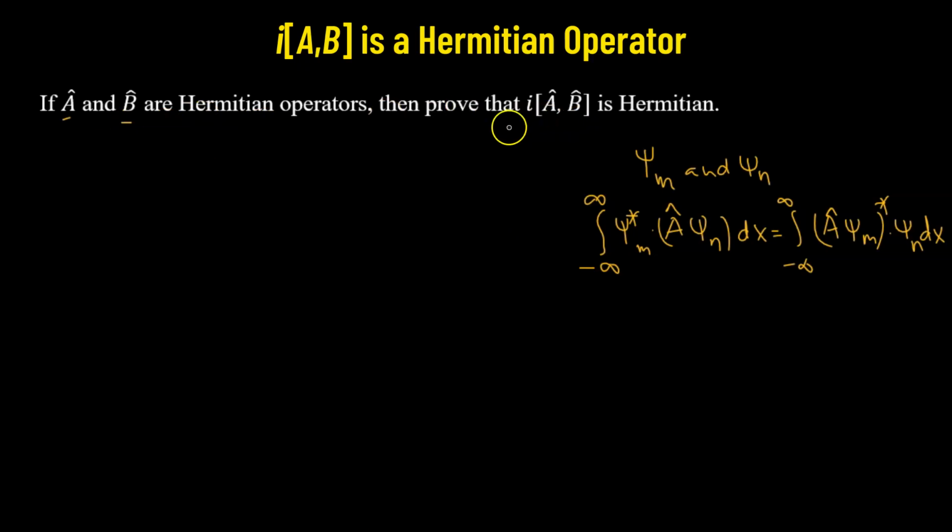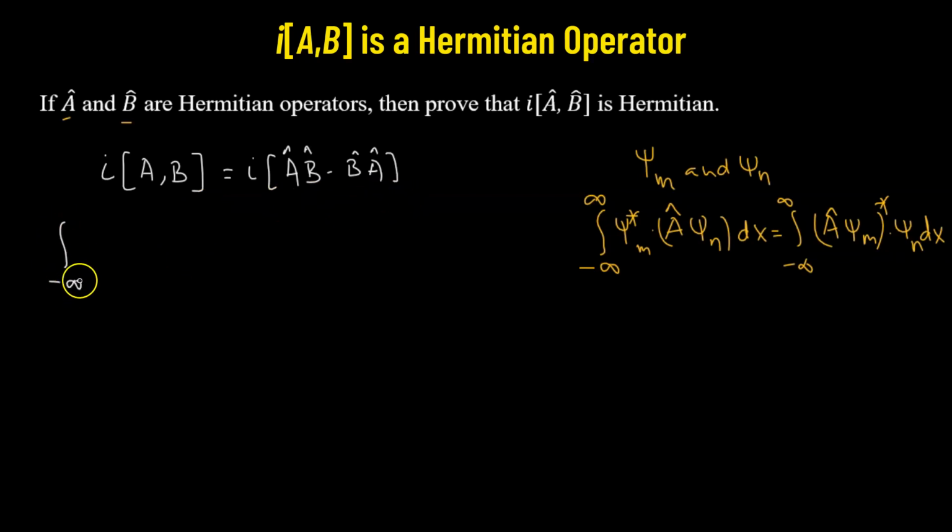Now we have here i times the commutator operator [A, B], which is simply AB minus BA. What we have to do is show that this particular operator is Hermitian.